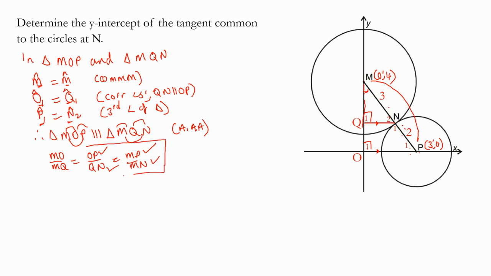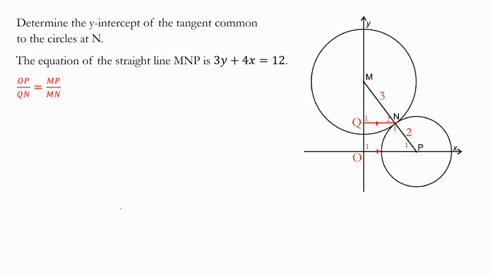Okay. Right. Remember the reason why you wrote this statement, because sides in proportion. Okay. So here we can say therefore OP over QN is equal to MP over MN. Now let's substitute what we have and then solve for QN.